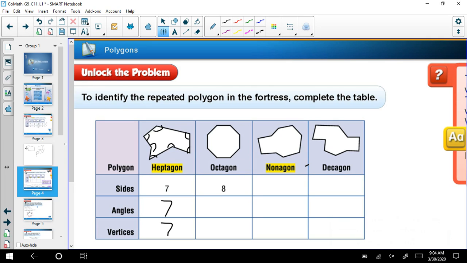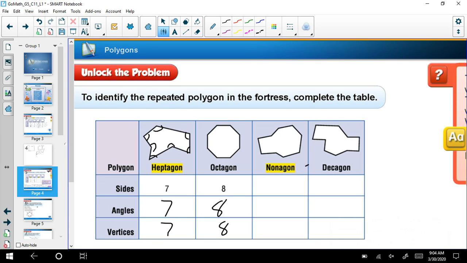Octagon, octa, octopus, octagonal, all of those things mean the number 8. And you should be very familiar with this. We see stop signs all the time, and they have 8 sides, they have 8 angles, and 8 vertices. Another new one, nonagon.